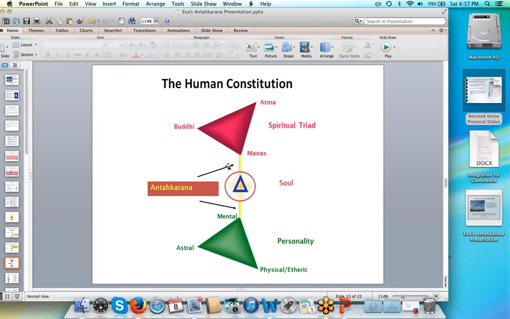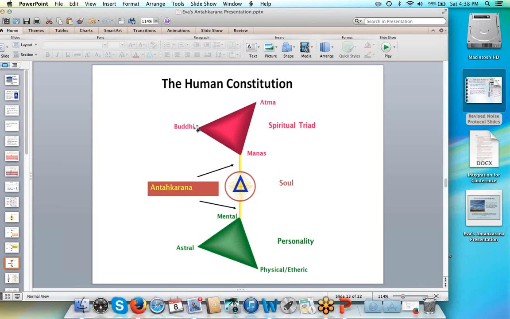And then from there, you build the higher Antahkarana through the spiritual triad, through manas, which is higher mind, buddhi, which is really true love. Love that most of us can't even fathom, because this is love without any conditions. This is what they call pure reason, intuition. Do we know what that is?